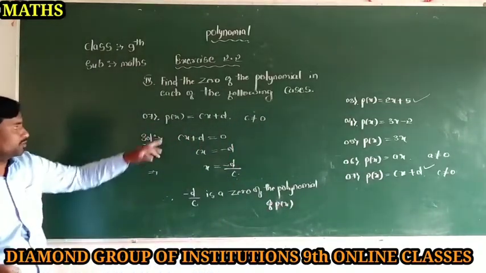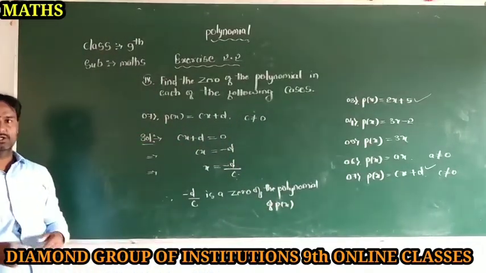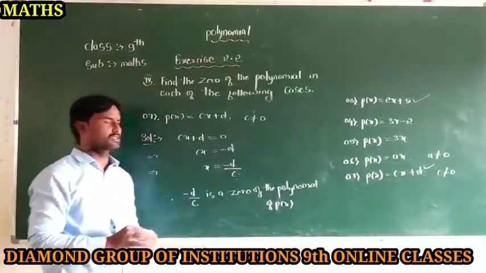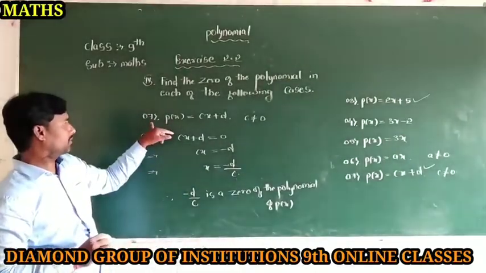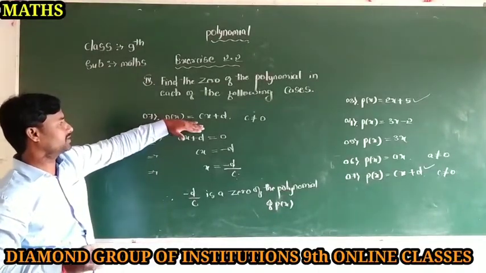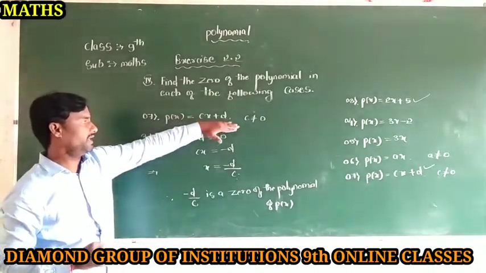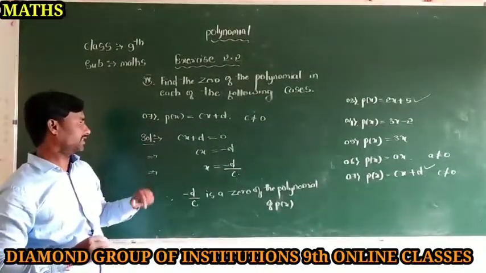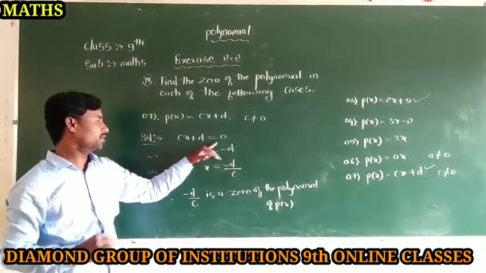I thought you understood the seventh question also. One more time explanation, dear students. Here nothing is there, very easy. What is given in the seventh question? P of x is equal to cx plus d. C is not equal to 0, dear students. So solution is cx plus d is equal to 0.